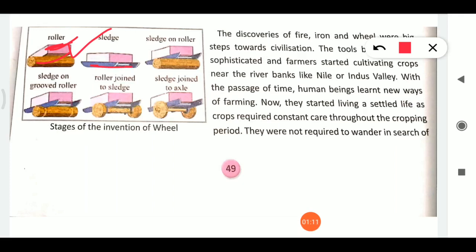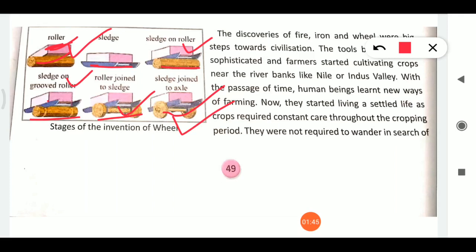But then after, when he pulled it, he found it was difficult, so he put the sledge on the roller, and then after it was again slipping, so he grooved the roller here. He grooved the roller and put the sledge on it. Then after, he joined the roller to the sledge, and did some modification in the roller. And then at last, he used the axle. Now even today we use the axle in our vehicles.